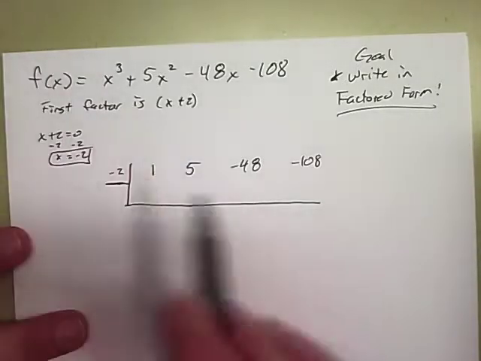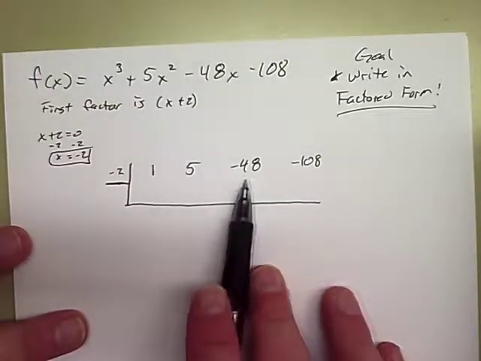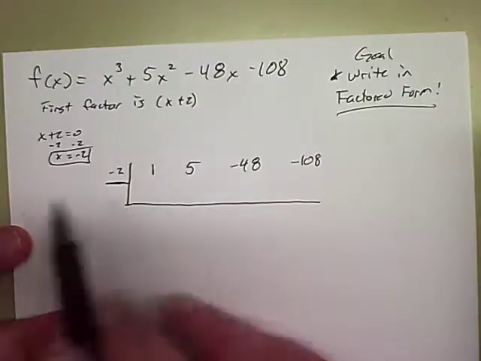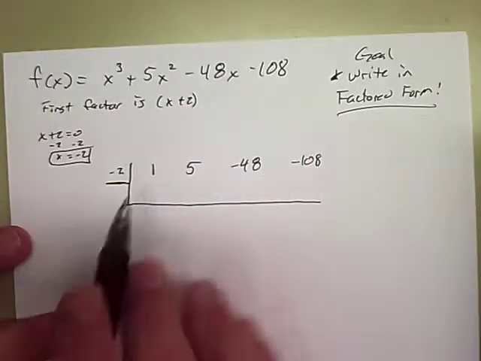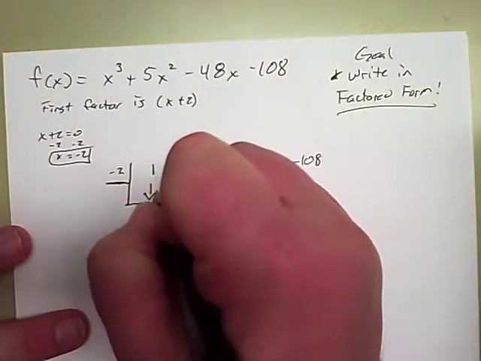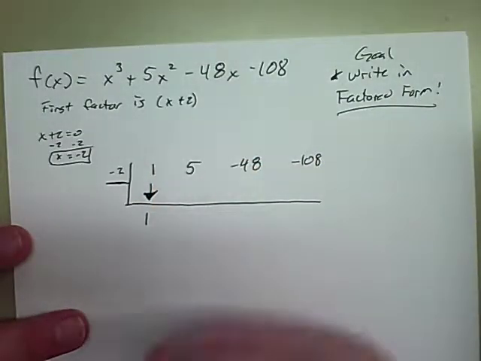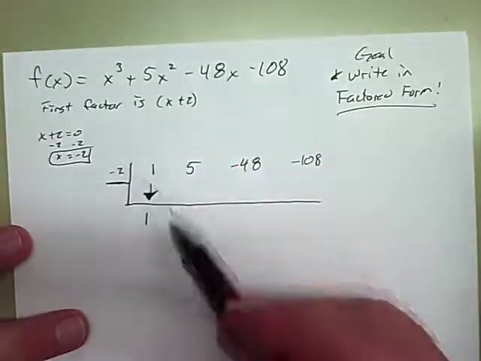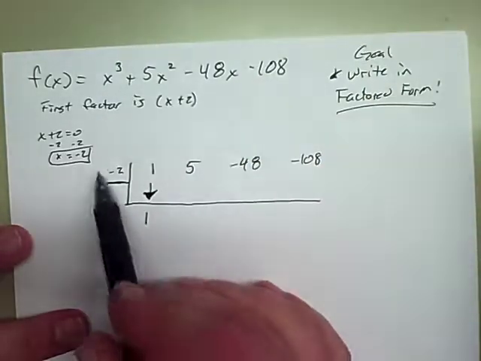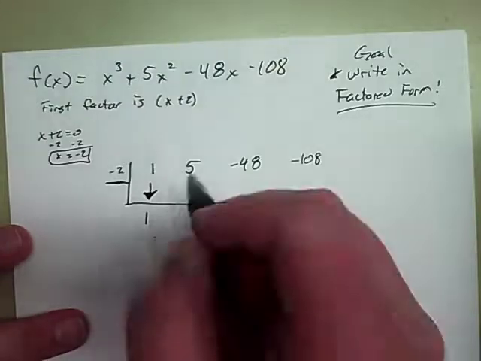All right, so I've created my coefficient board. Now step 3 says add down and multiply diagonal. So I'm going to start here, and there's nothing to add with it. This guy always goes straight down. Now negative 2 times 1 is negative 2.